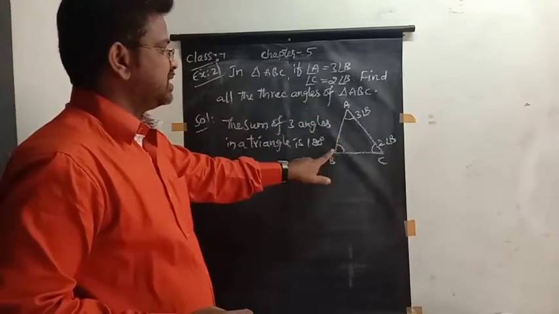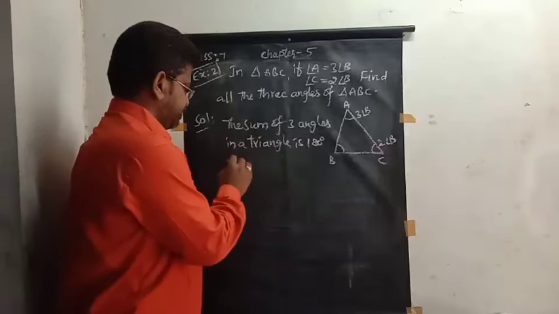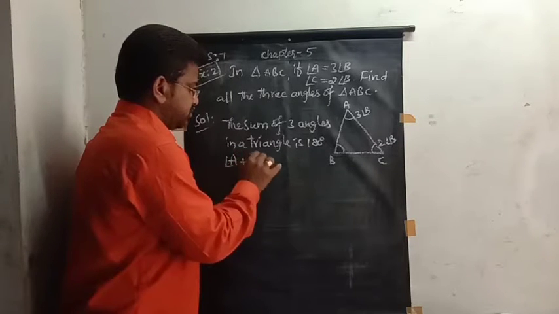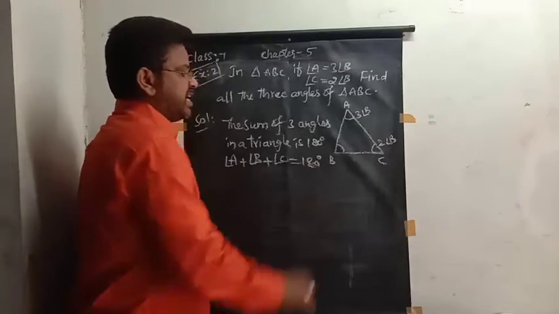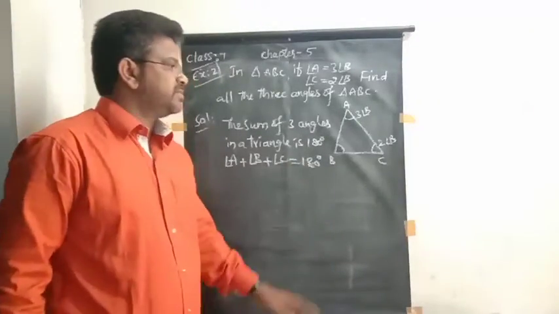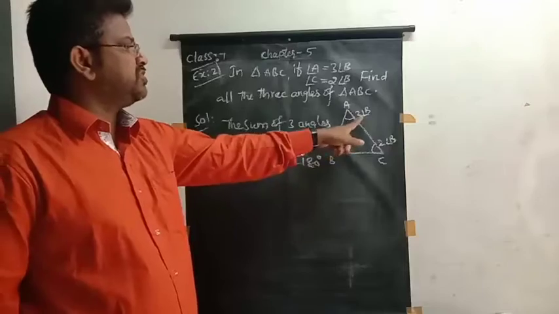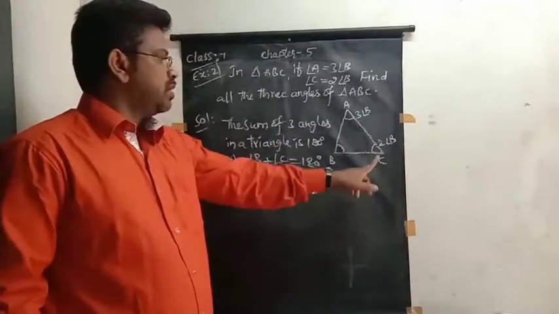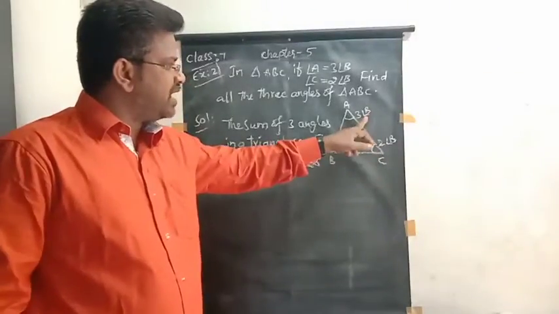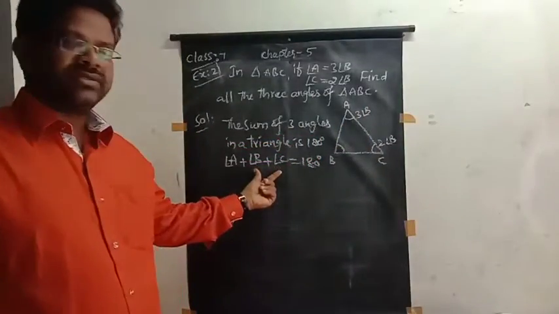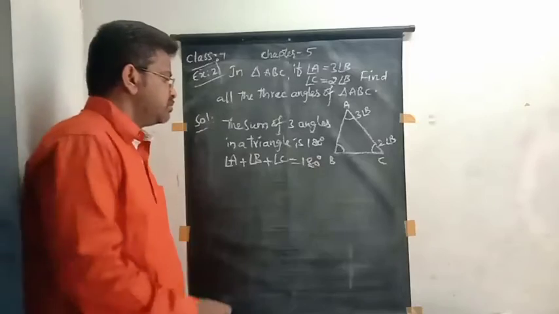Angle A plus angle B plus angle C is equal to 180 degrees. Right. Angle A, how much? 3 into angle B. Angle C, how much? 2 into angle B. Substitute these values into this equation.